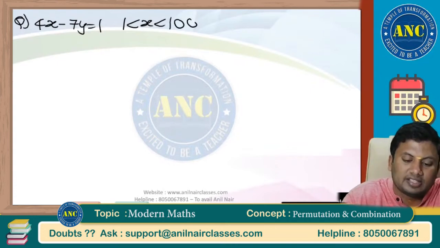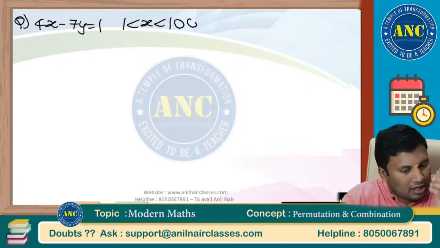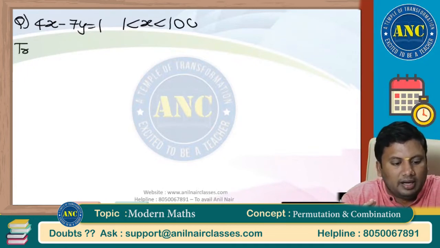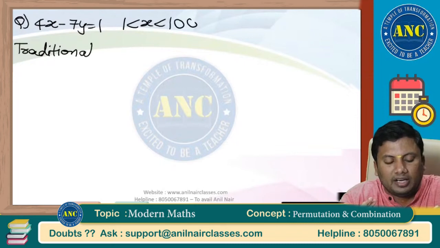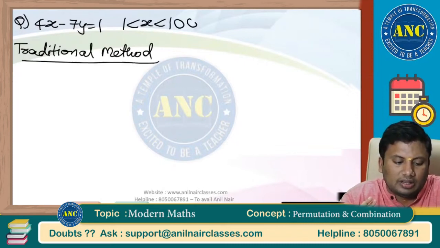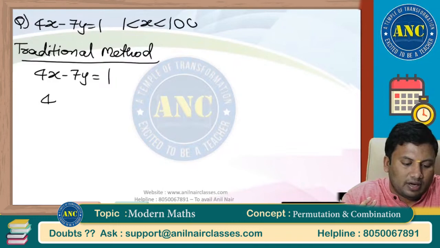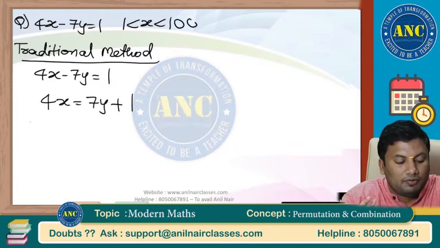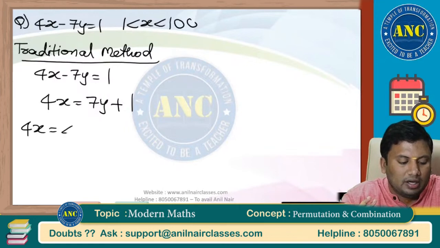4x minus 7y equivalent to 1. Now the traditional method, then the elimination approach. 4x minus 7y equals 1, so 4x equals 7y plus 1. 4x is nothing but 4y plus 3y plus 1.